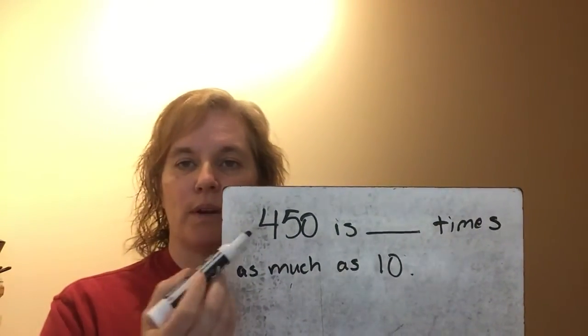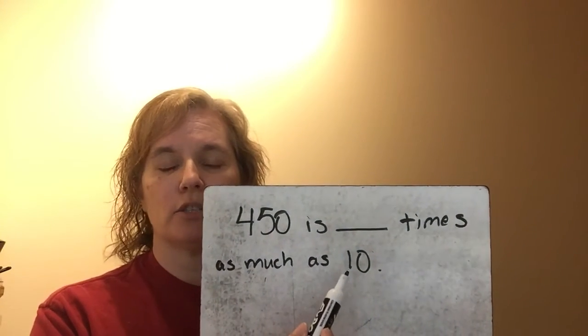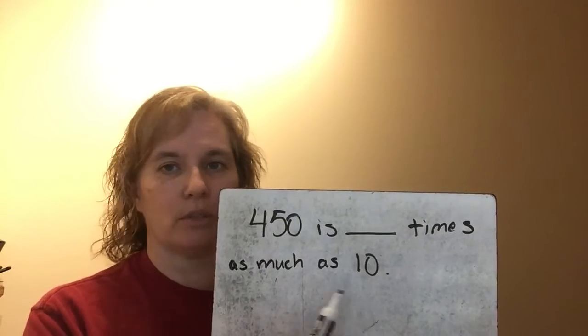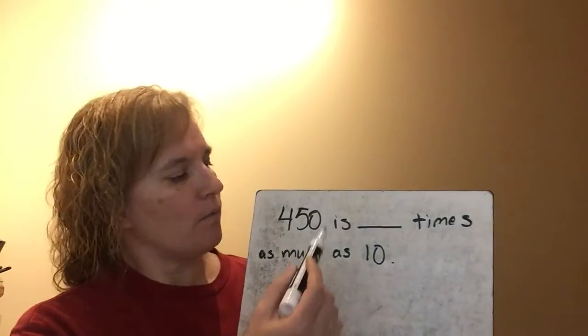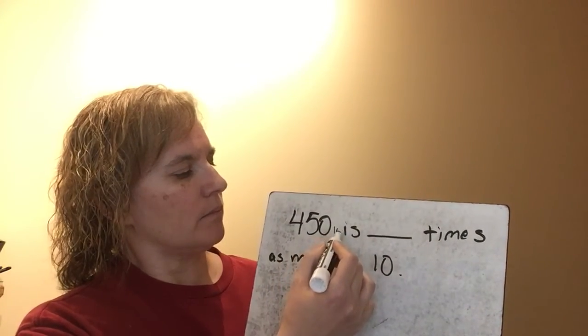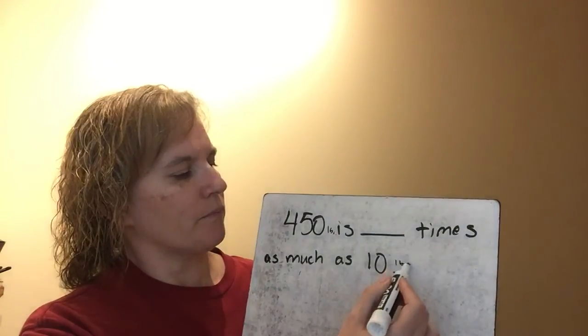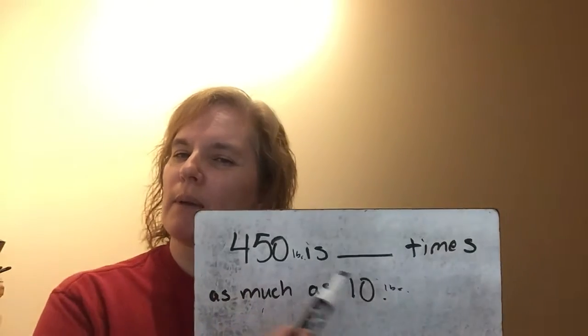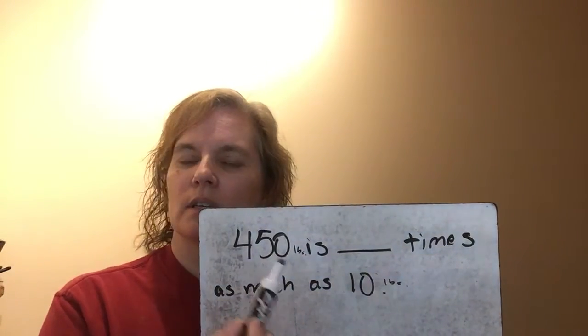Now let's say that I give you how much Frederick weighs and how much Trevor weighs. Trevor's small. Trevor only weighs 10 pounds. 450, I didn't put pounds. Doesn't really matter. Whatever the number is, I want to know how many times that is.